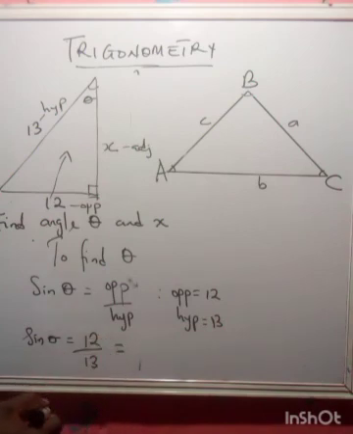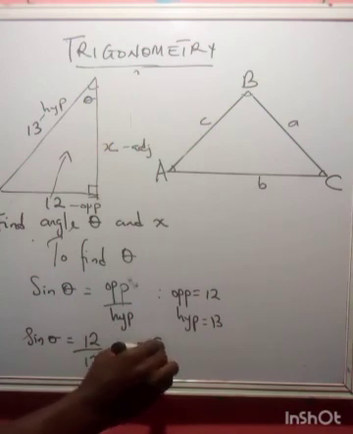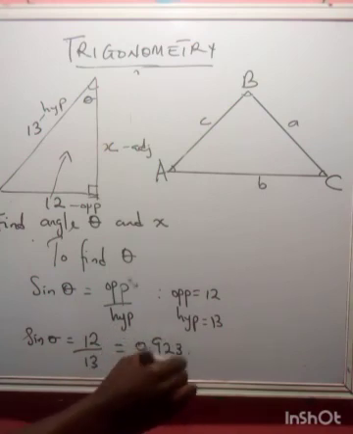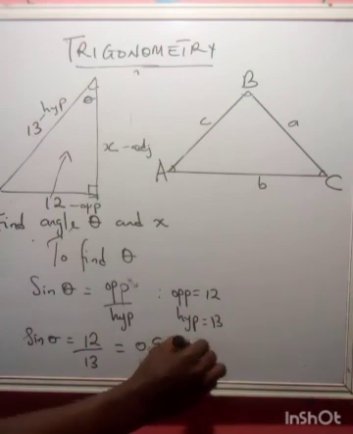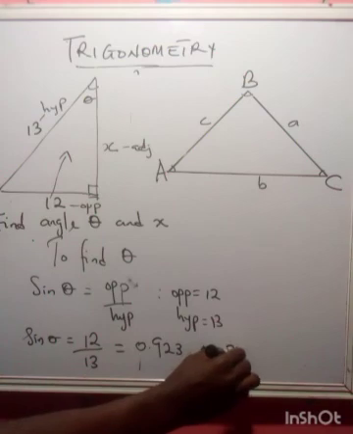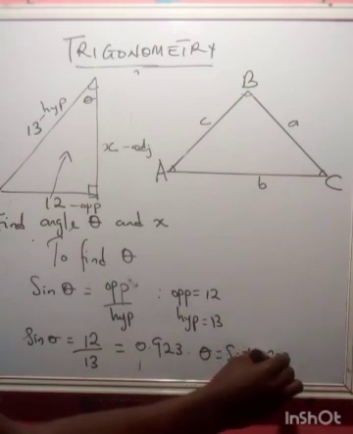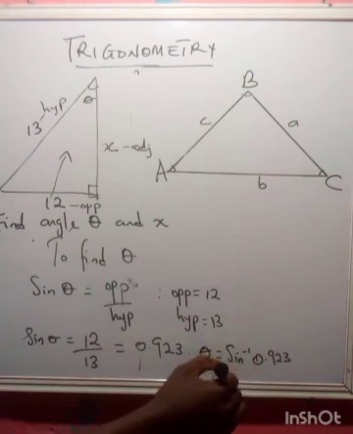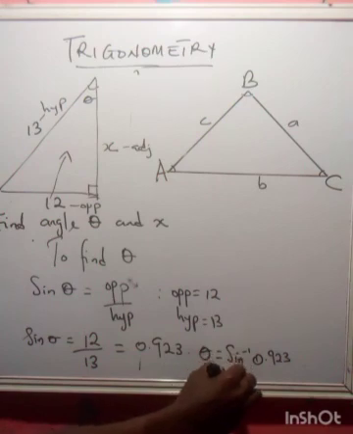And 12 over 13 will give us 0.923. To get the actual value, we say theta equal to shift sine of 0.923, and that will give me 67.4 degrees.